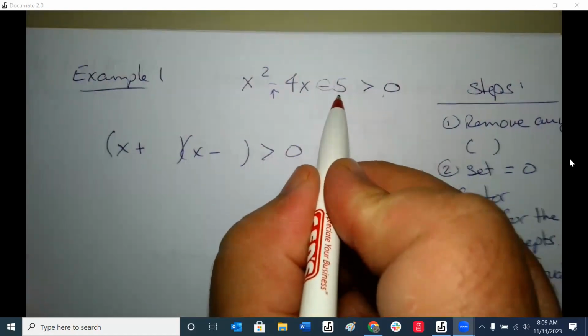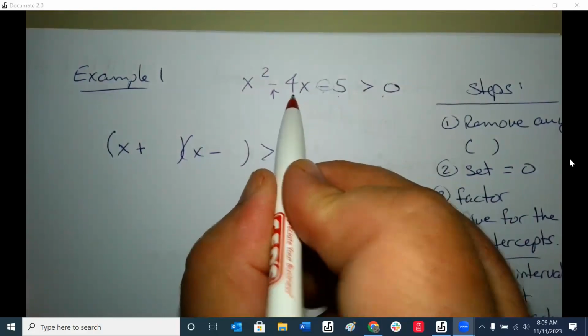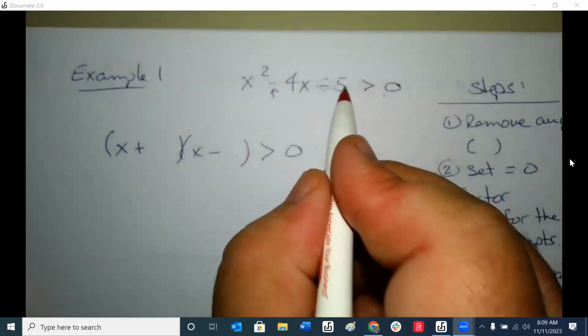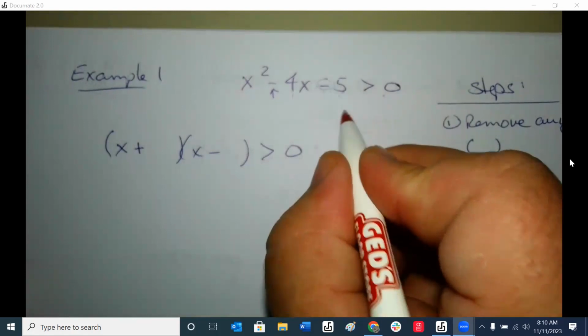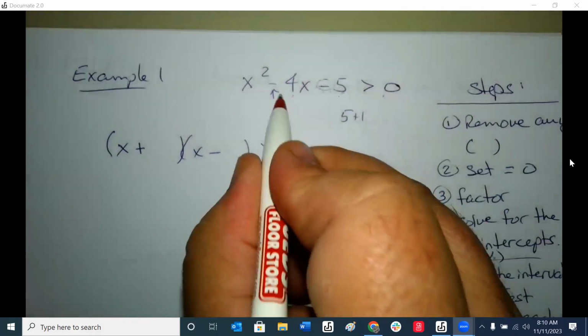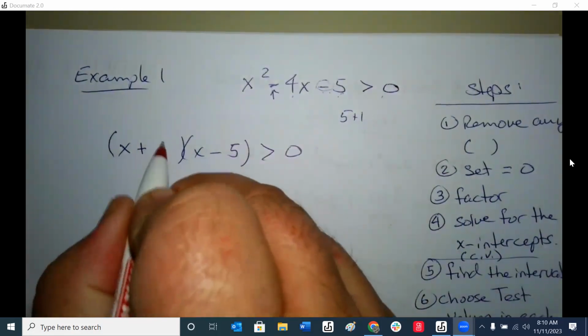So what two numbers multiply to give you 5, that when you subtract them, you get 4? 5 times 1 is 5, 5 minus 1 is 4. So 5 and 1. Since the 5 is bigger, it gets the negative sign.